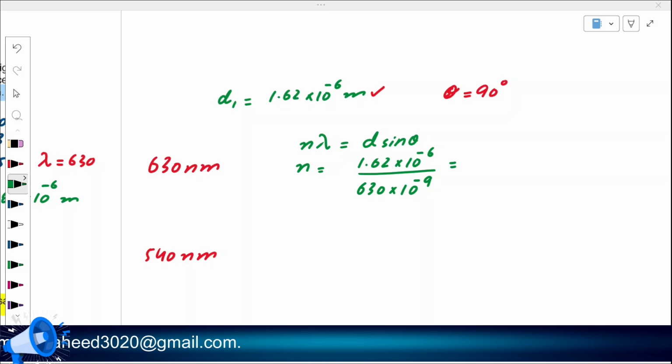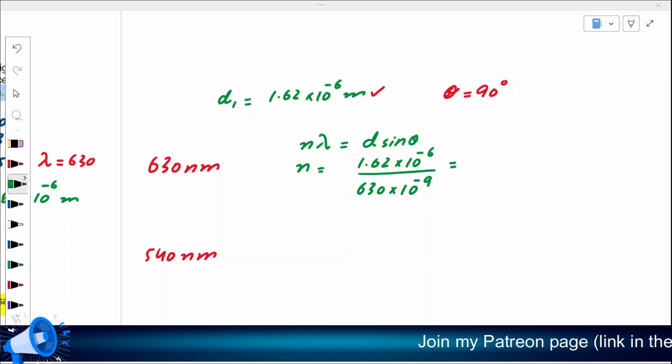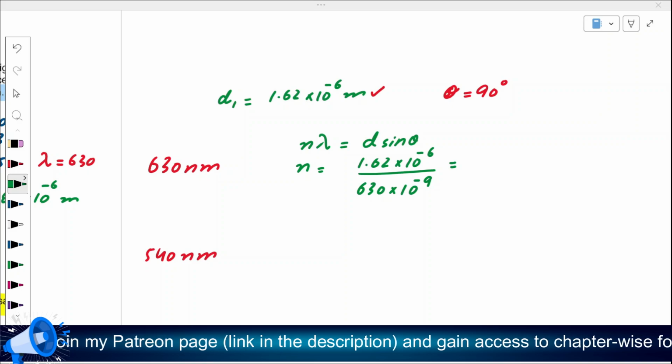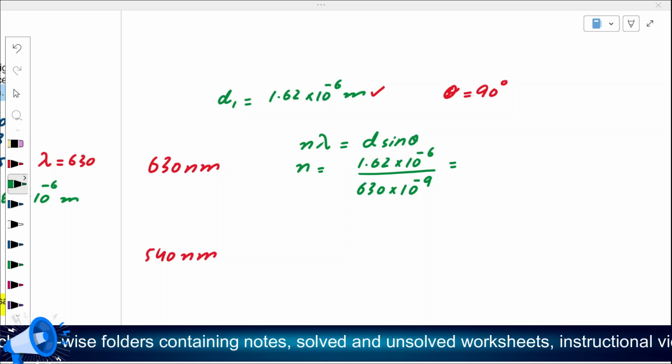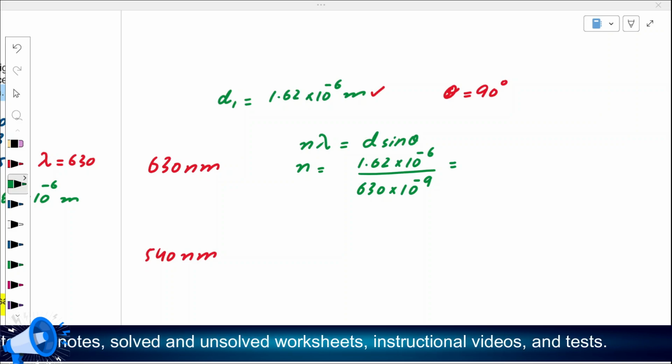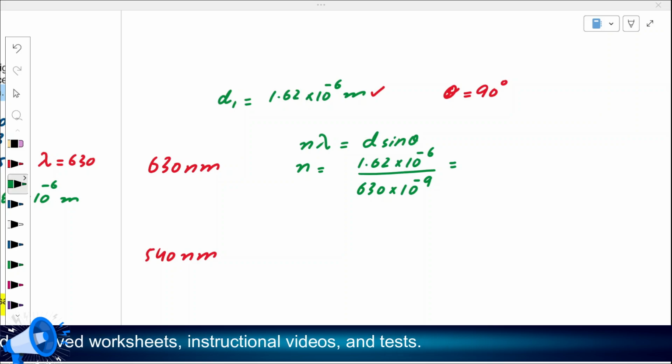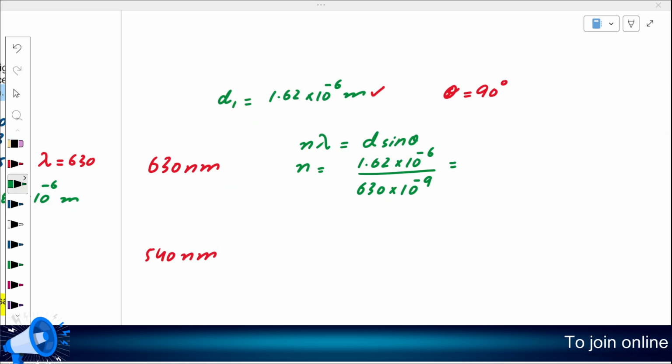Can somebody do it on the calculator quickly? Let's see which order maxima is produced for this wavelength. It should be able to produce third order, and it should not exceed 4. Then this value of d1 is the smallest diffraction grating. There you go. So we get the value of n as 2.57.